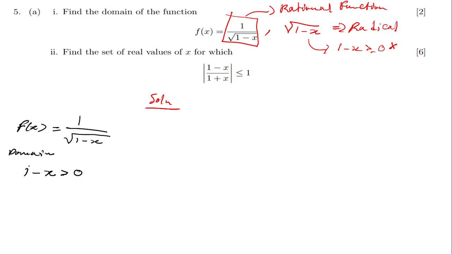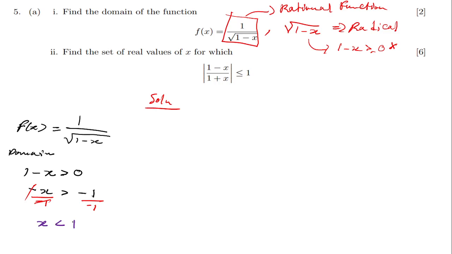So 1 goes to the other side, and you have negative x greater than negative 1. Then you divide throughout by negative 1, the negatives cancel, and you have x is less than 1.